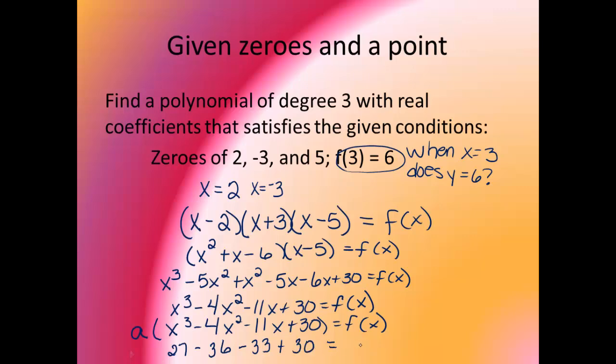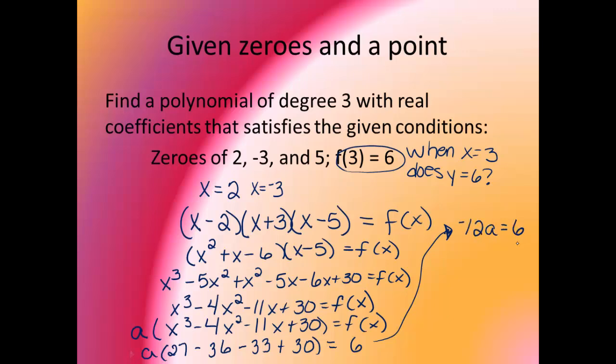I want to know, does that equal 6? 27 minus 36 is -9, minus 33 is -42, plus 30 is -12.